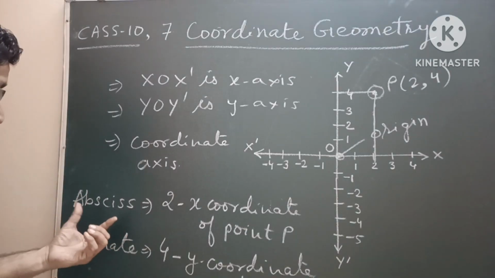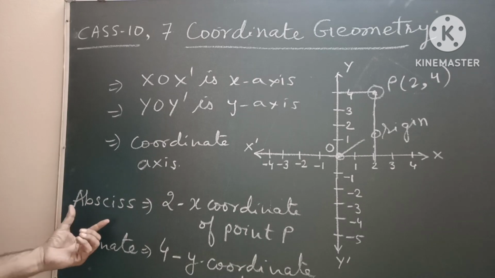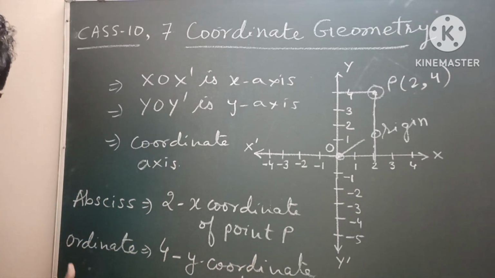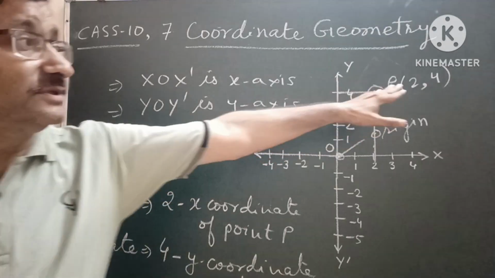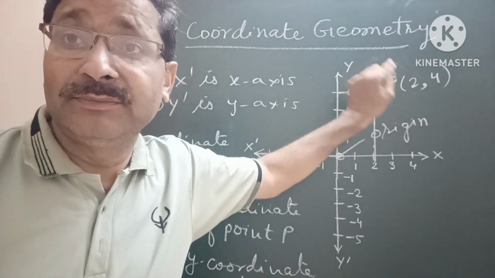Look here, the other name for the x coordinate is abscissa, and the y coordinate we also call the ordinate. So here the abscissa is 2 and the ordinate is 4 for this point P.